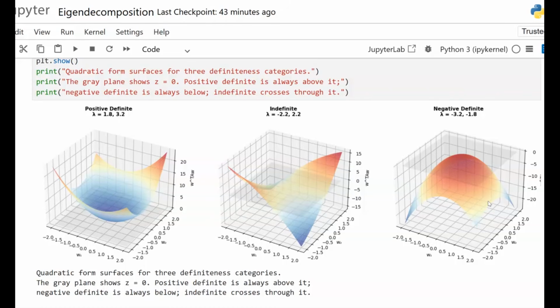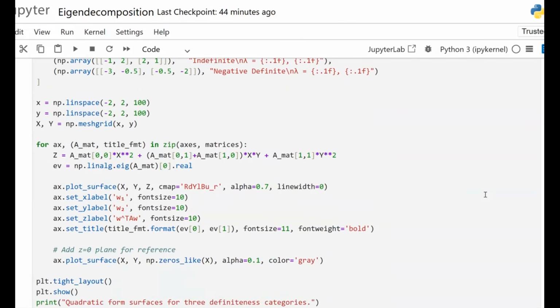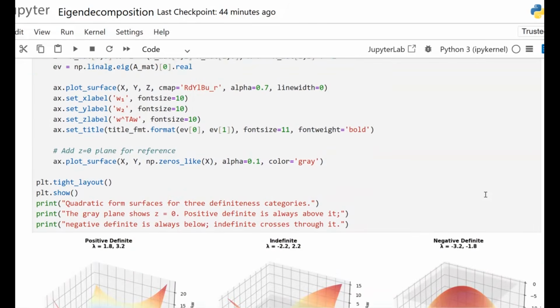And dear friends, the eigenvalue determines the shape. The eigenvectors define the axes of the bowl or saddle, and the eigenvalues determine the curvature along each axis. So a larger lambda means tighter curvature. That's it. So this code turns an abstract algebraic object into a geometric one.